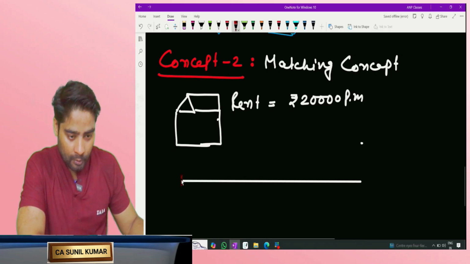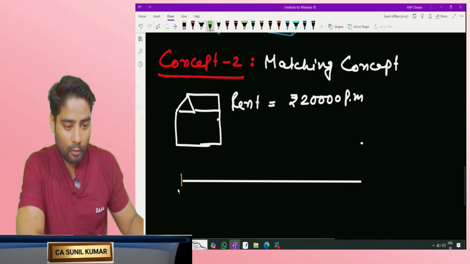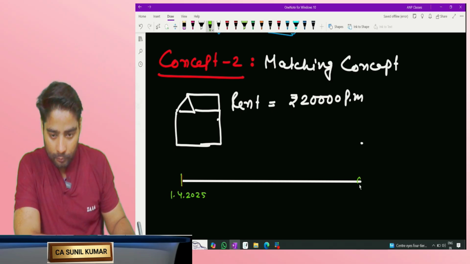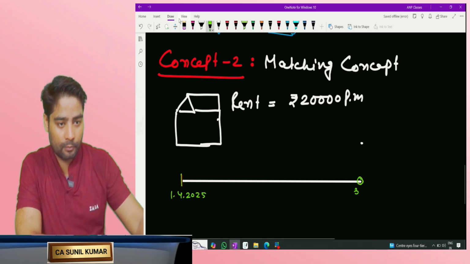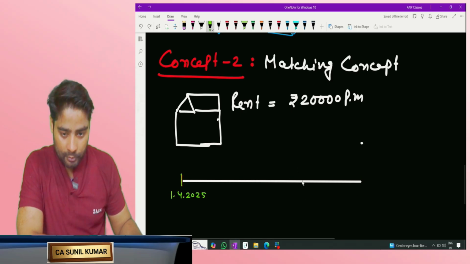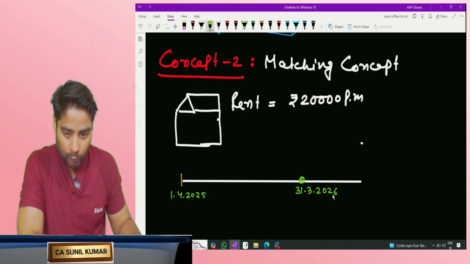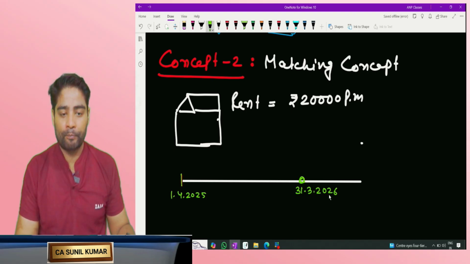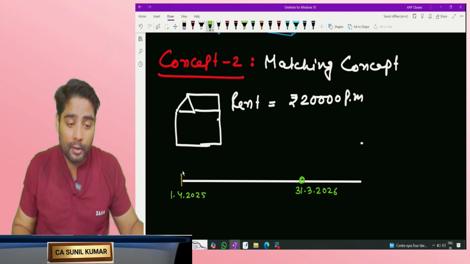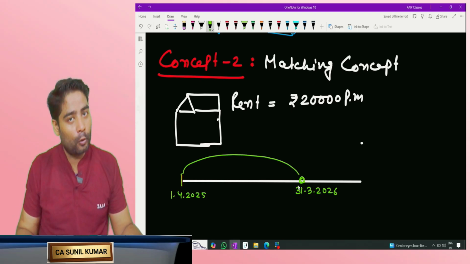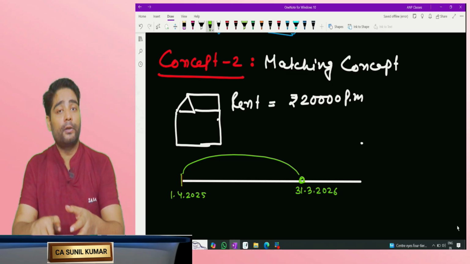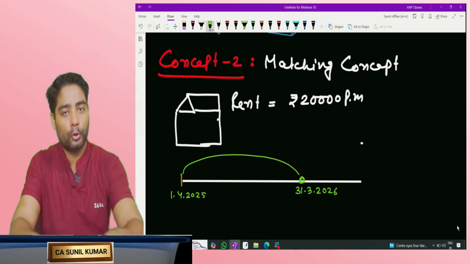Let's suppose I have taken this house on 1st April 2025 till 31st March 2026. So what is my financial year, sir? My financial accounting year is 25 and 26. Okay. So I have paid the rent for the whole year. And what benefit I have taken? Sir, I have taken the benefit of staying in that house for 12 months.